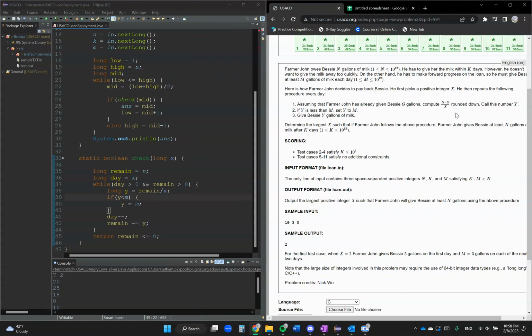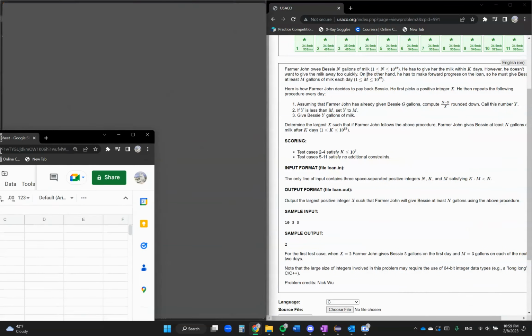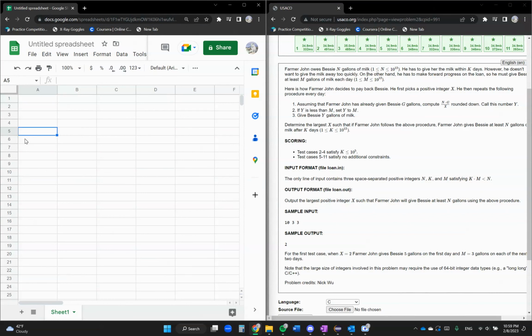And as long as this remainder exists, a certain amount of days are going to have the same value of y. And when we divide this remainder by y, we can actually get the amount of days that have the same y value. So if you think about it, the days here, let me show this in a spreadsheet. Give me a second to think about this.